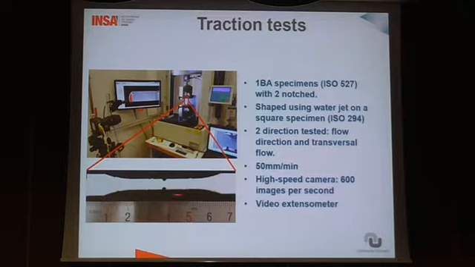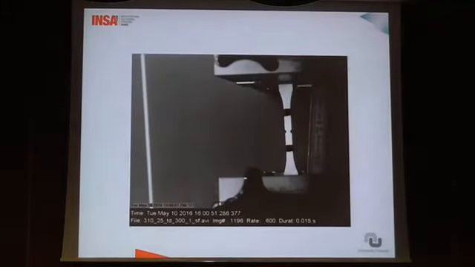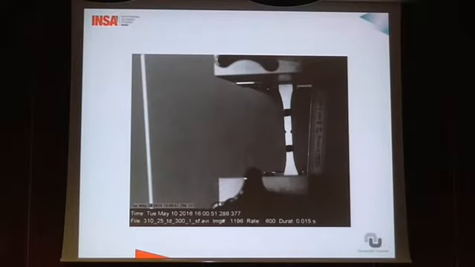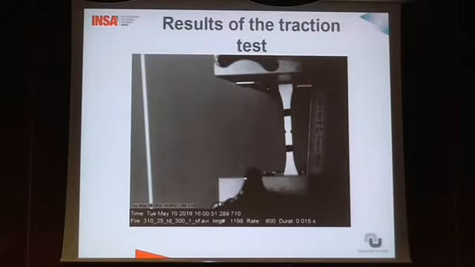So we shape our specimen in the direction of the flow and transversal to the direction of the flow, regarding the difference in the properties. Here we have a video which shows us the fracture.